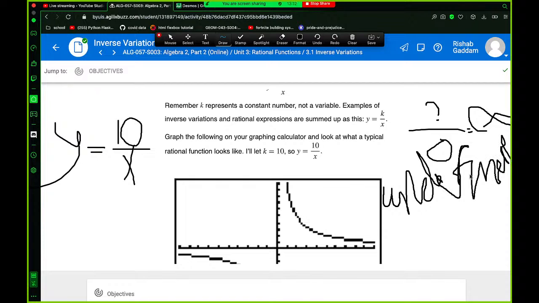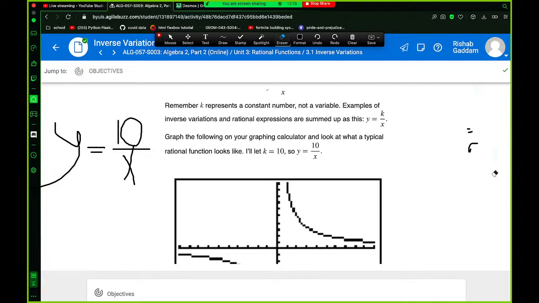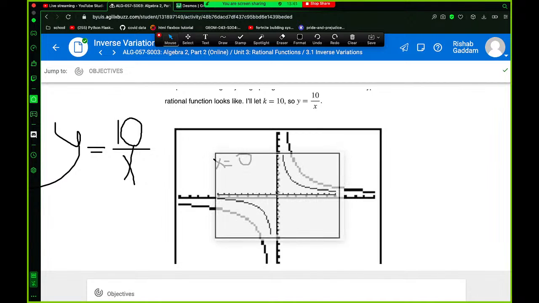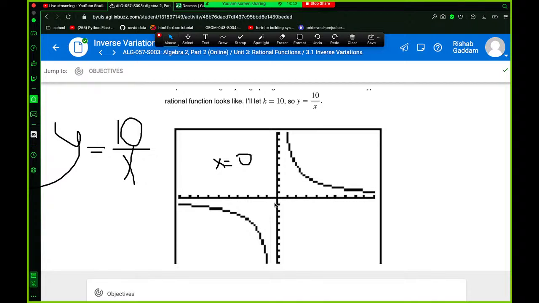Okay, that does not look like undefined, but whatever. So let's erase this. What happens is if you make x equal to 0, so over here obviously x is 0 for the vertical asymptote, because the origin is (0, 0) and the y-axis is on x equals 0.